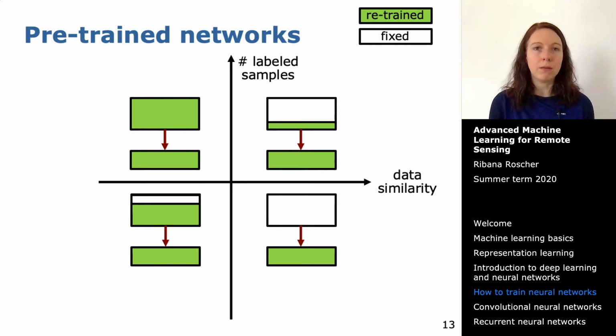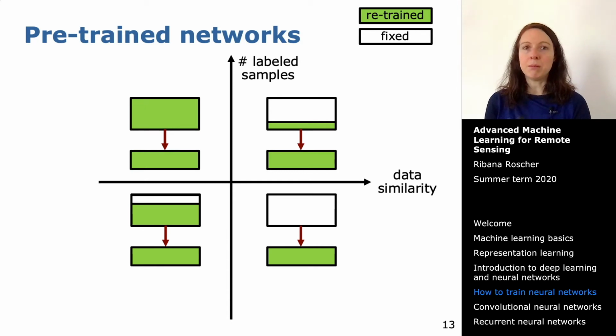But if you have close range camera images, it might not be that related to satellite images as if you have only two tasks with satellite images. And as I said, there's no black and white in retraining and not retraining, and also the number of layers you want to retrain can be selected and chosen by you.